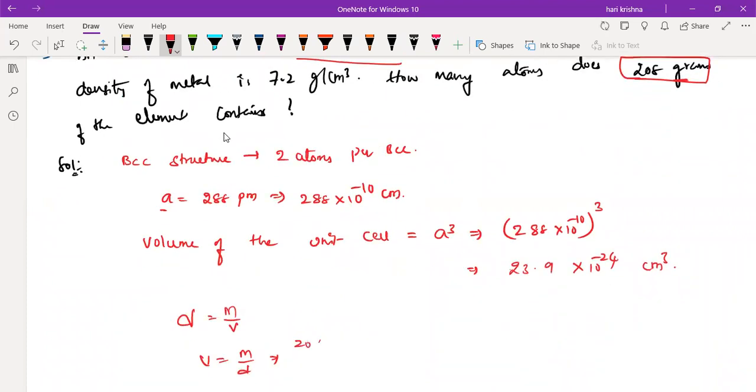So this is the volume of the element: 208 grams by density, which is 7.2. Volume of the element, that is mass by density, is equal to 208 by 7.2.